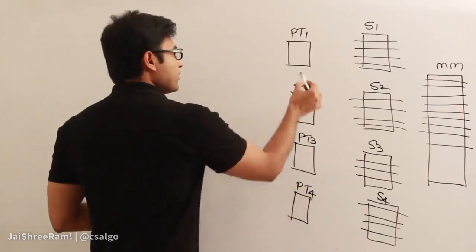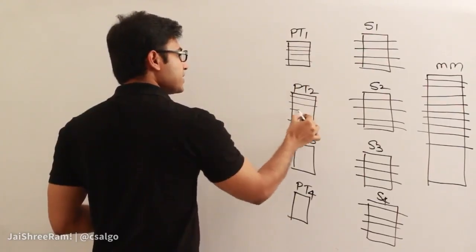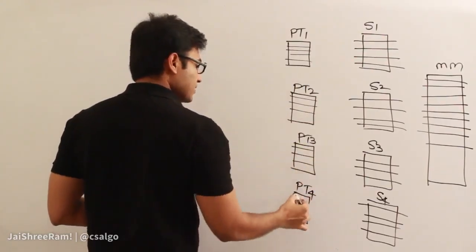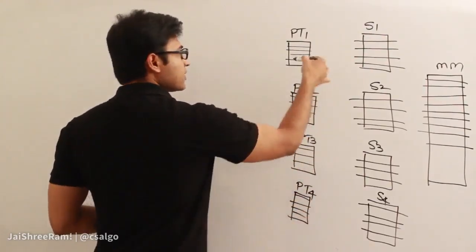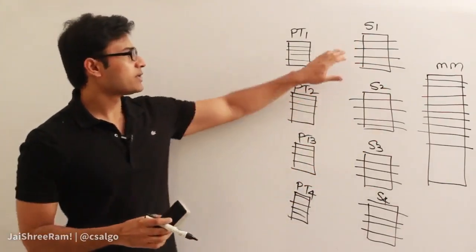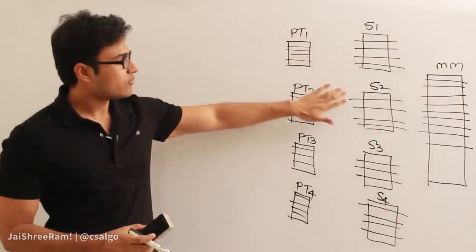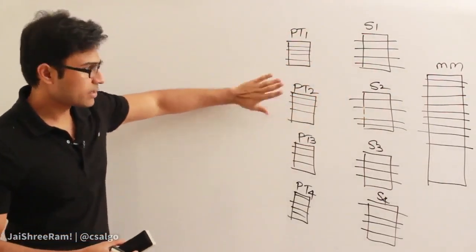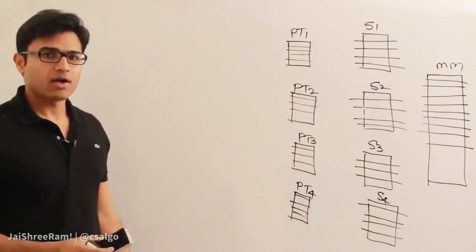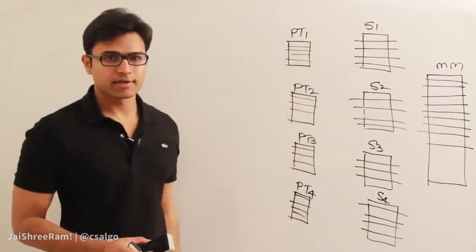These page tables will contain entries for the pages in the segments. So if there are 10 pages here, how many entries will be present in this page table? 10. If there are 20 pages, how many entries? 20.